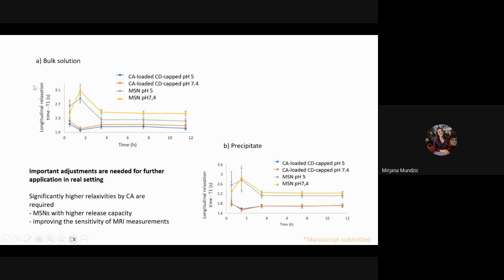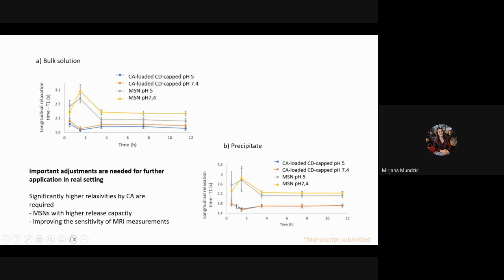So we have the results for the bulk solution, and we have the results for the precipitate. For the precipitate, we actually did not have any difference between those samples. Gray and yellow are the MSNs without contrast agents, so they have higher T1 values because there was no release of contrast agent.